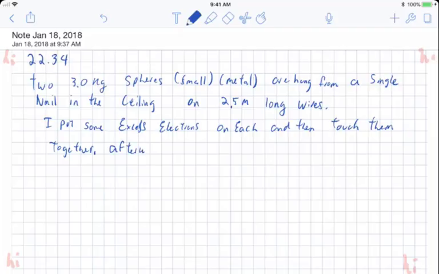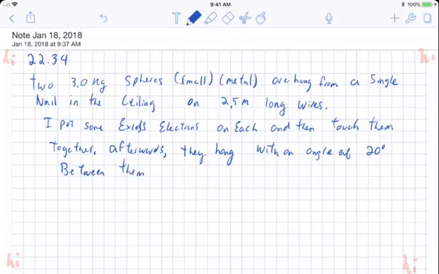Afterwards, they hang with an angle of 20 degrees between them. How much charge is on each sphere? Okay. How much charge is on each sphere?